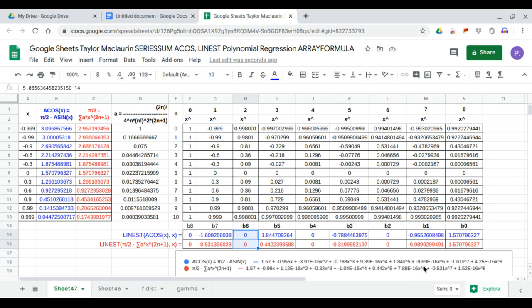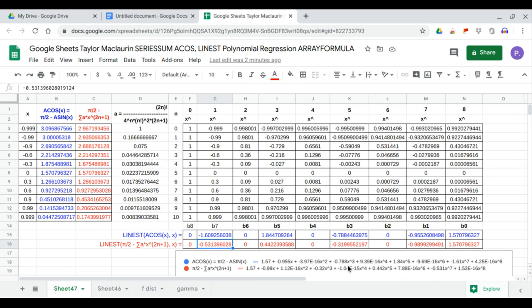That's negative 9.69 times 10 to the minus 16. That's already 0. 7.88 times 10 to the minus 16. That's already 0. That's why B6 is 0. B7, our B7 is 1.61. It's just a match. And negative 0.531 is also matches.